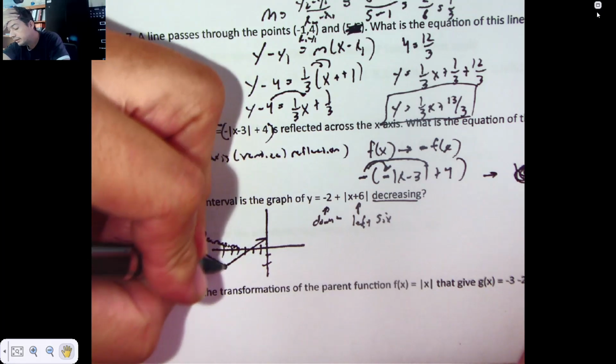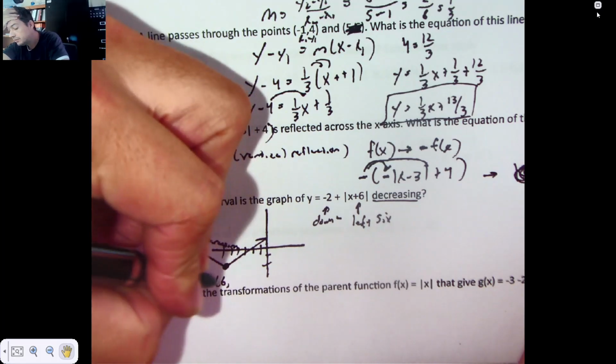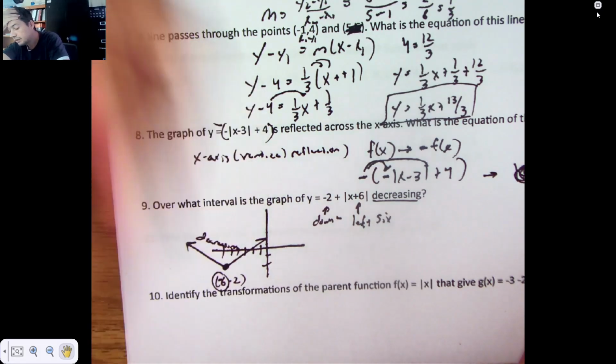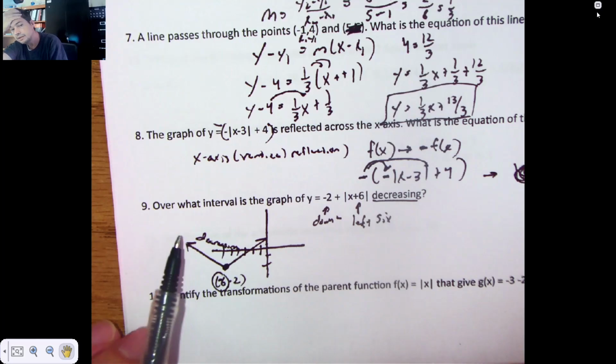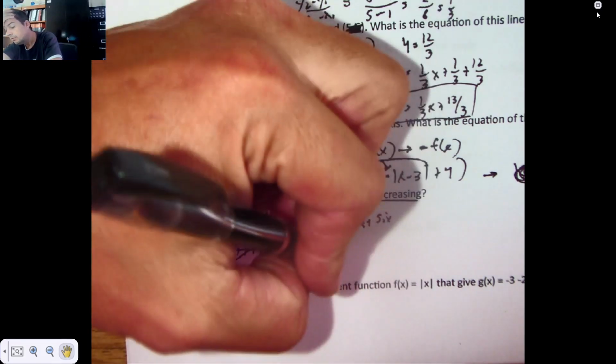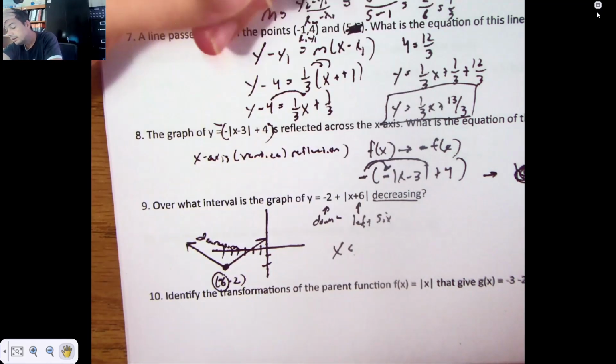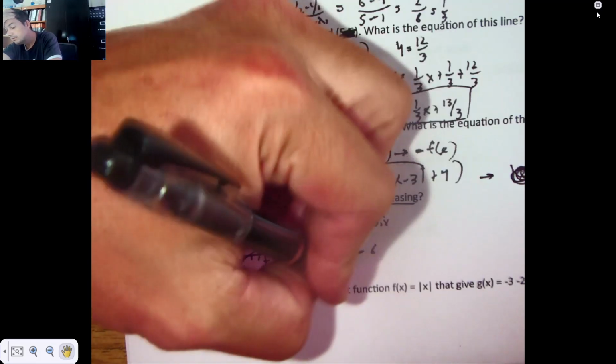And it started right there when the x value was negative 6. So as I take my pencil, x becomes negative 7, negative 8, negative 9, negative 10, negative 11, and so forth, all the way back to infinity. So you can either write x as less than negative 6, or, because it's probably multiple choice, negative infinity to negative 6.